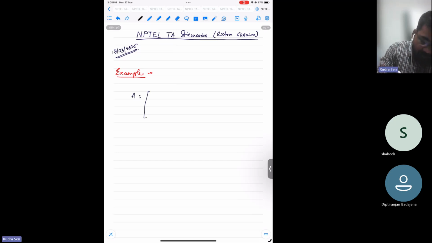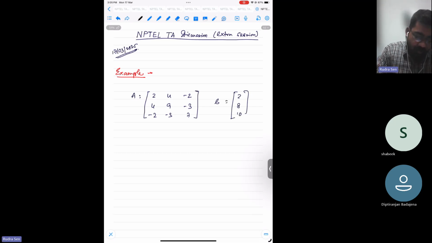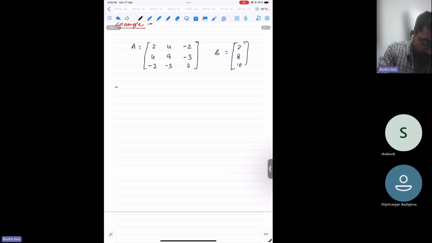I have this A matrix: 2, 4, minus 2, 4, 9, minus 3, minus 2, minus 3, 7, and then we have 2, 8. So how do we solve this? We first make an augmented matrix. I'm not doing all those things; I just start with the procedure and then you go through them.